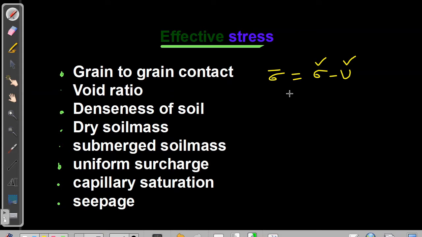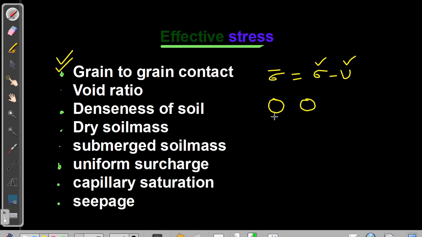It means that we can measure them with the help of suitable instruments. Then what is this effective stress? Effective stress is a pressure which is transmitted to the soil through grain to grain contact. Let's say we have two soil solids like this in a soil mass.